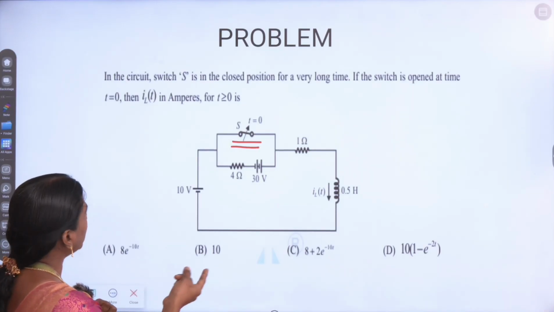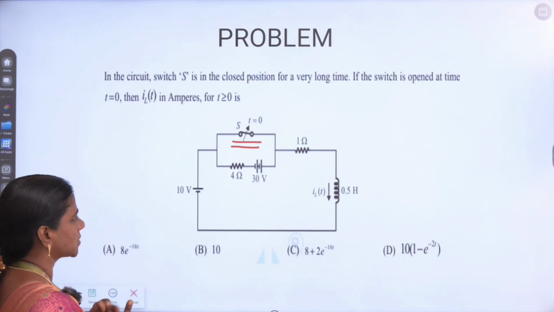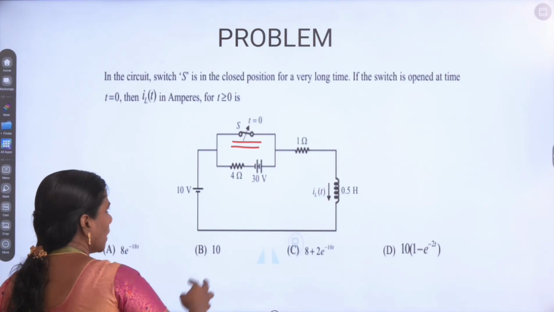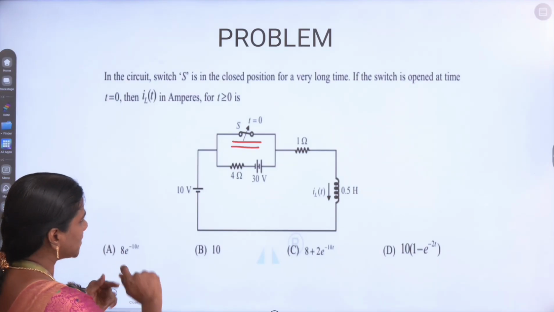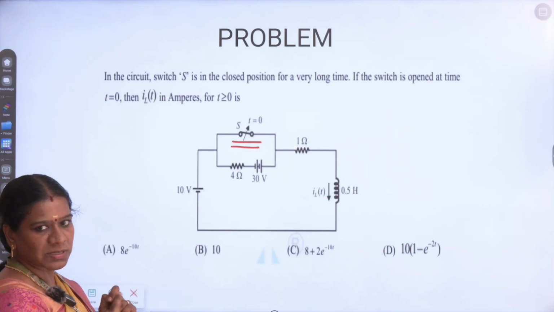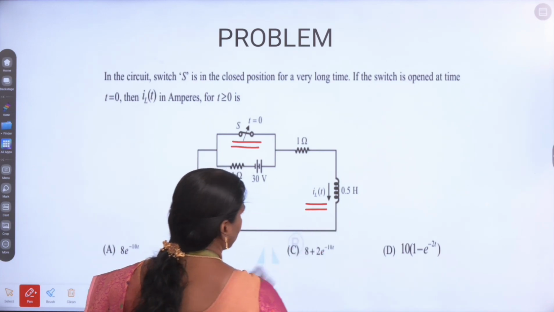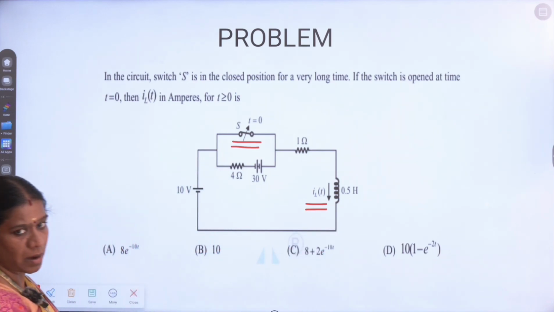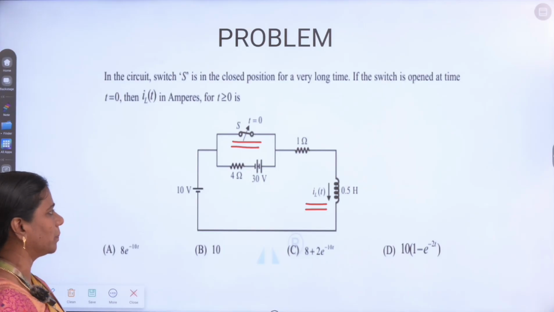If the switch is opened at time t equal to 0, then what is IL of t in amperes? So what they are asking is, the switch was already in closed condition; if the switch is opened, what will be the current passing through the inductor? This is your IL of t, the current passing through the inductor after the switch is opened. That is the problem.